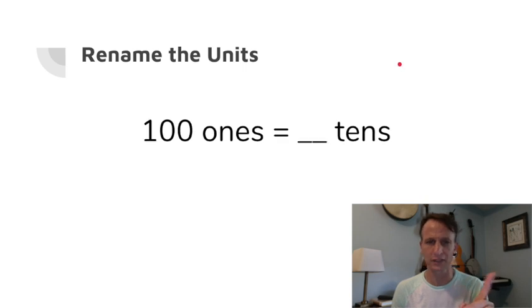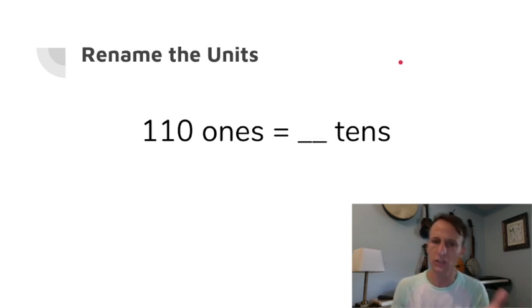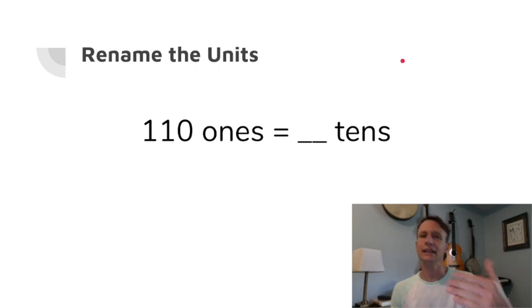Here it comes. 100 ones. Now think about this in terms of money. 100 $1 bills would be 10 $10 bills, right? So 100 ones, 10 tens. How about 110 ones? 11 tens.